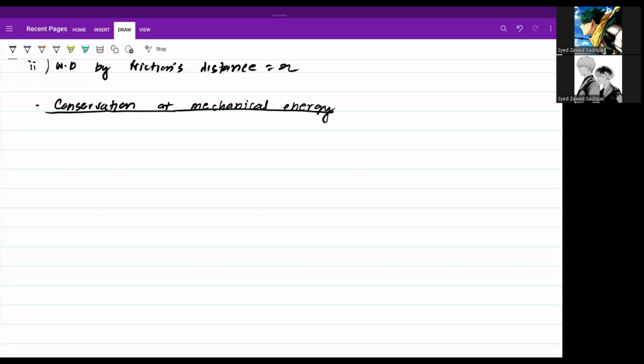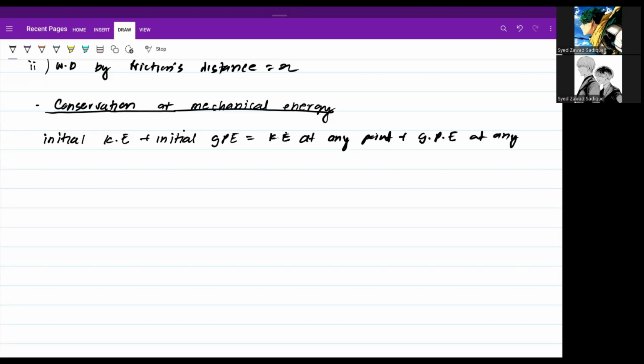That is, initial kinetic energy plus initial GPE is equal to kinetic energy at any point plus GPE at any point, which is also equal to final KE plus final GPE.